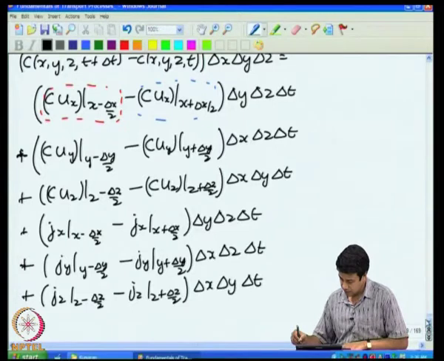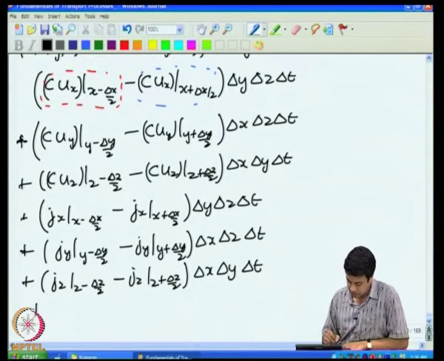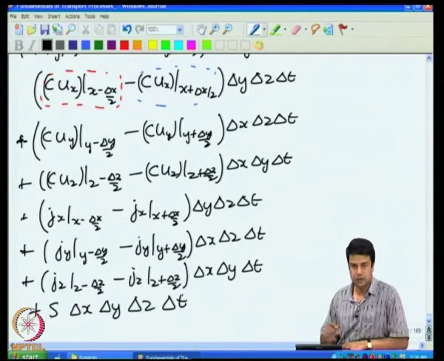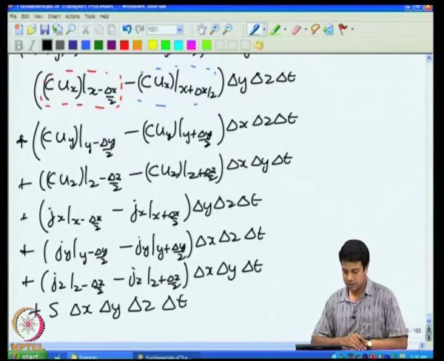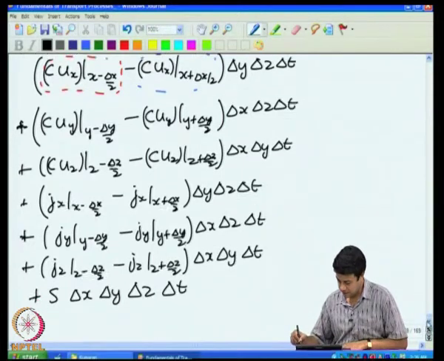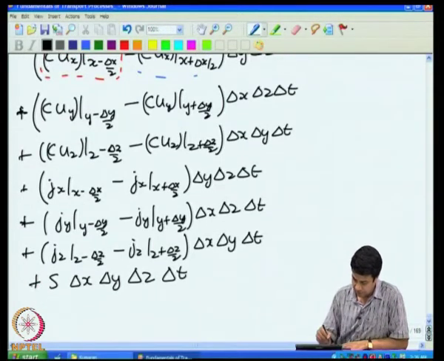And in addition I have the source term, which is S delta x, delta y, delta z, delta t. Okay. So, this is the final long expression. And now I can divide throughout by the volume and time.